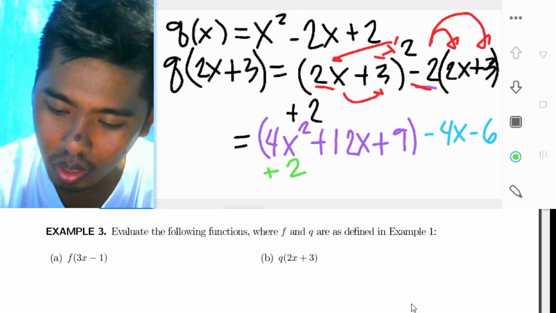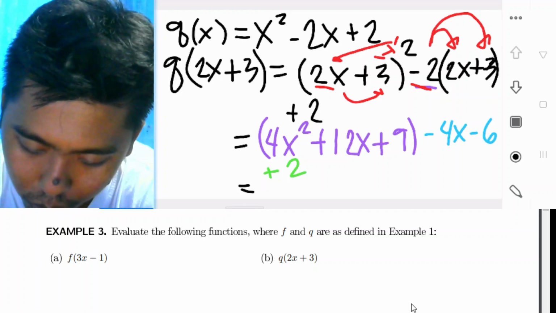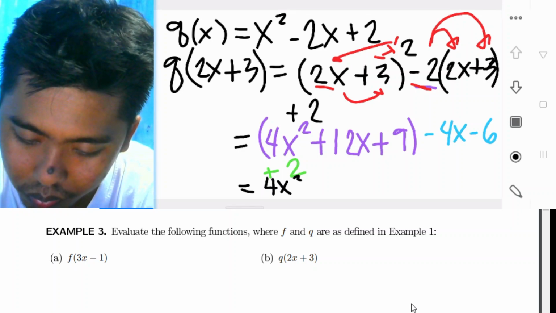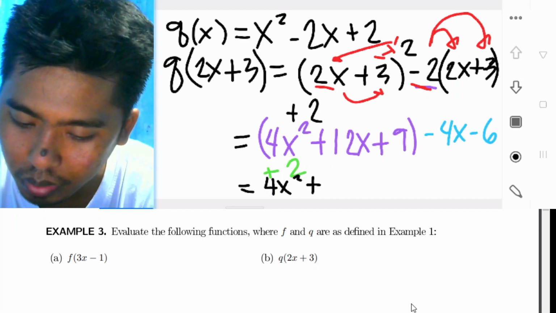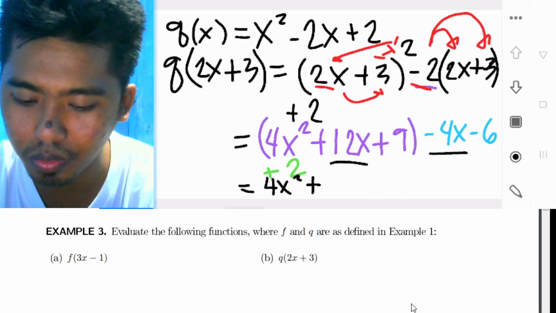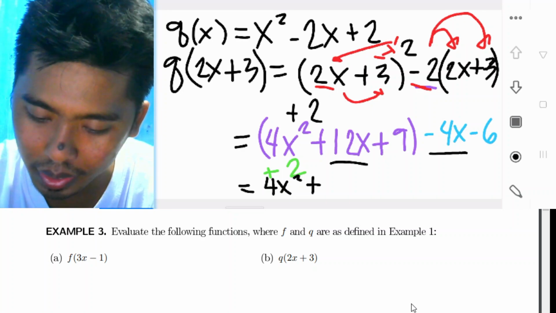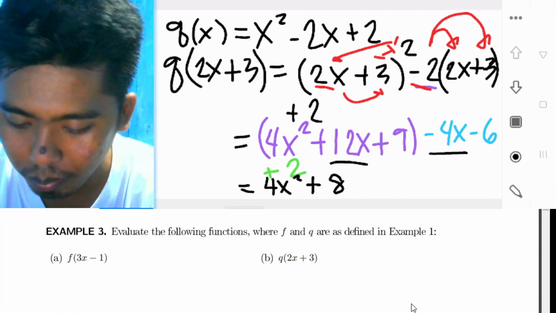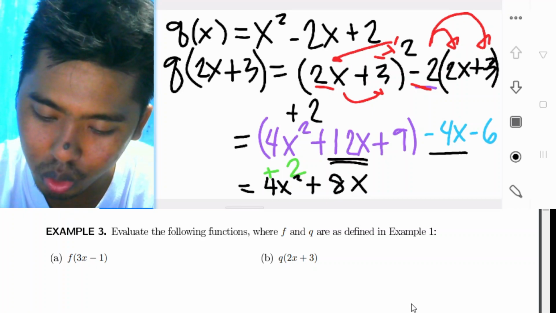Okay, now let's try to simplify. So this one will become 4x squared plus, take note, 12x and negative 4x are the same term. 12x minus 4x, that would become 8x. Positive, because 12 is bigger compared to 4.